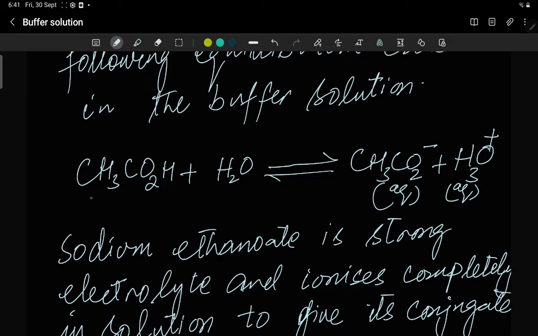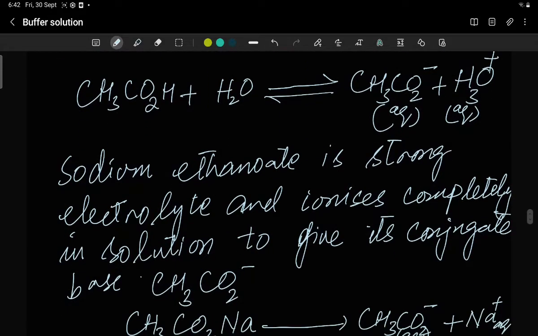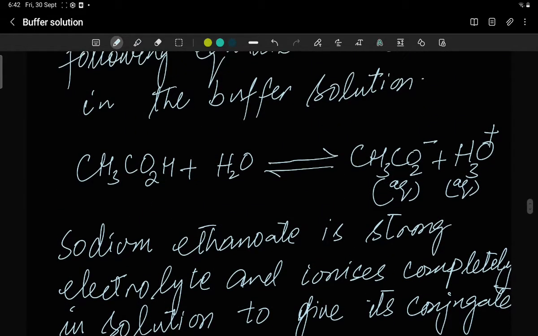Out of 1000, for example, one particle dissociates.